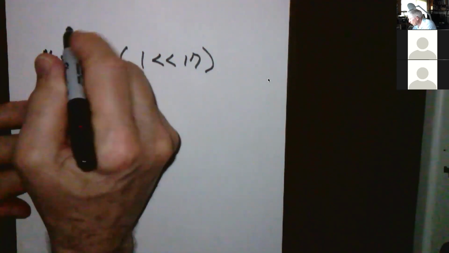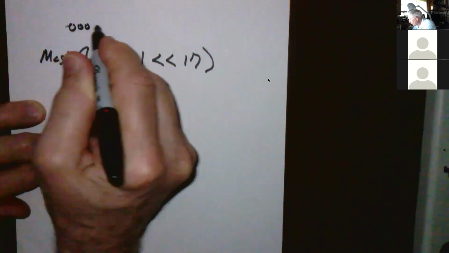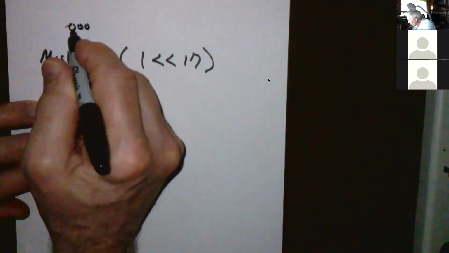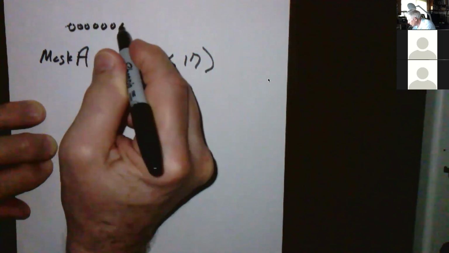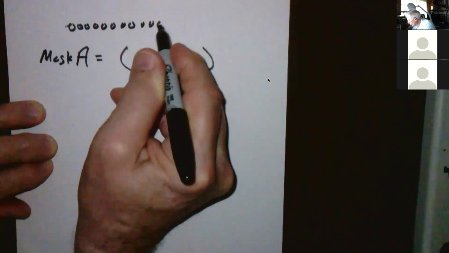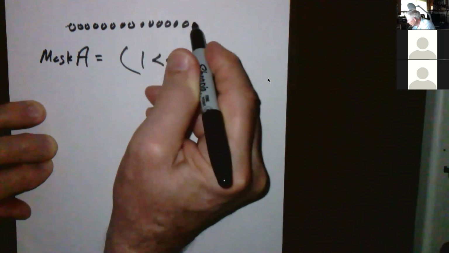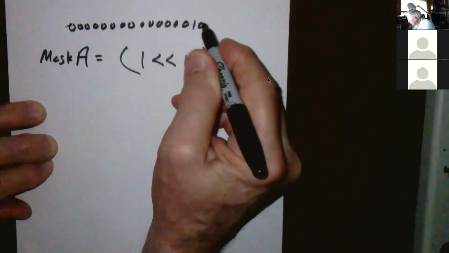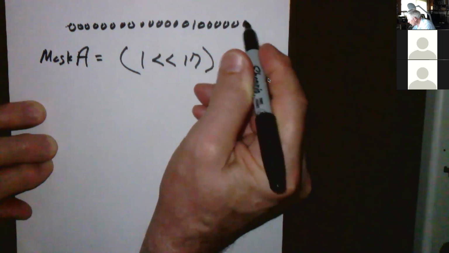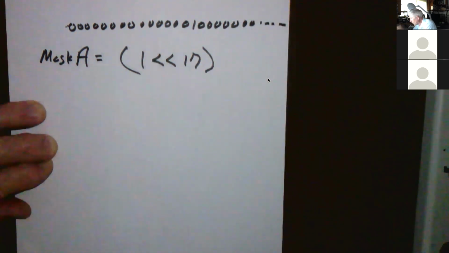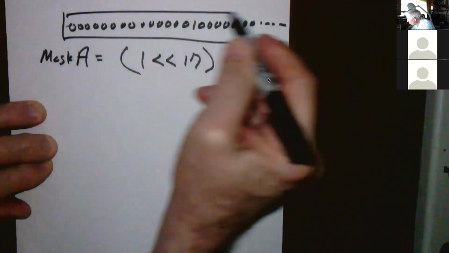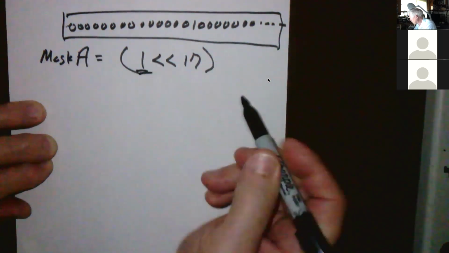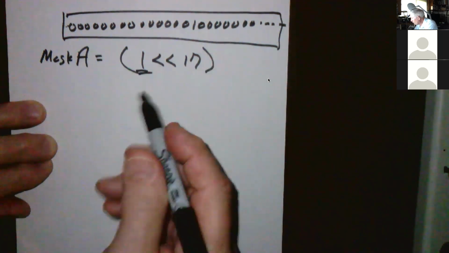Counting down, that's 31, 30, 29, and so on down to 17, and then 16, 15, 14, all the way to 0. So that gives us a 32-bit word with a 1 in the position 17 and zeros everywhere else.